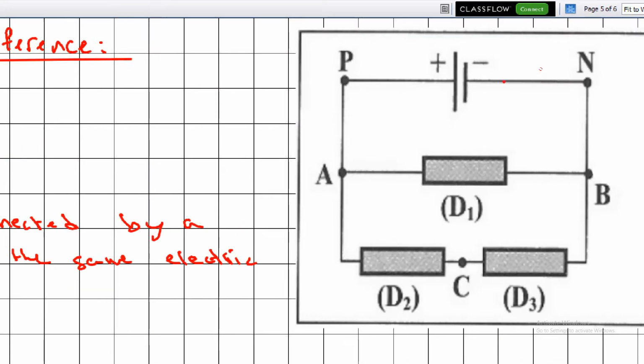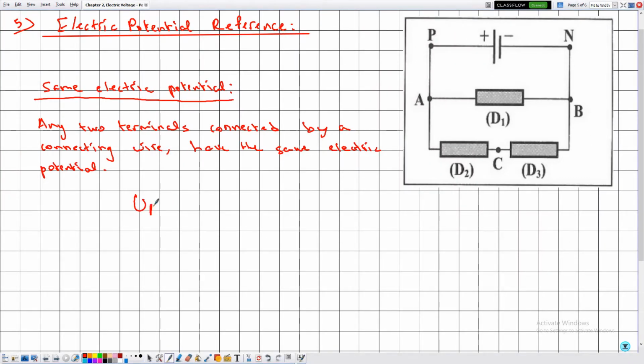So suppose here, if you consider the points P and A, we know that UPA is equal to 0, and the reason is given by connecting wire, which means that VP minus VA is equal to 0, which means that VP is equal to VA. However, we can use this result directly by just mentioning the reason, which is given by connecting wire.